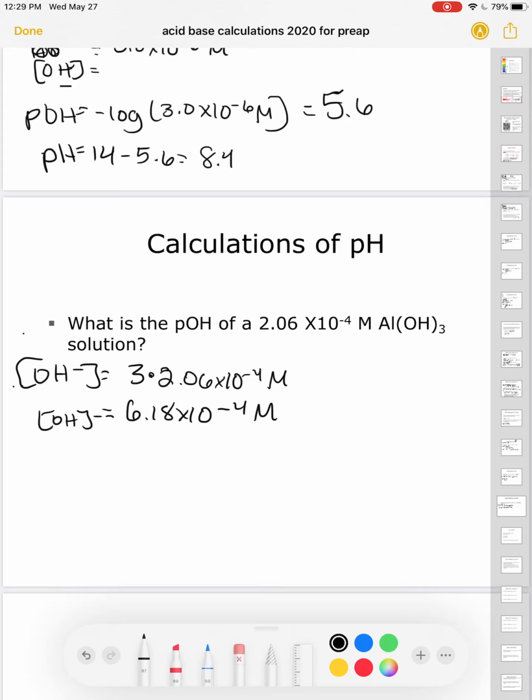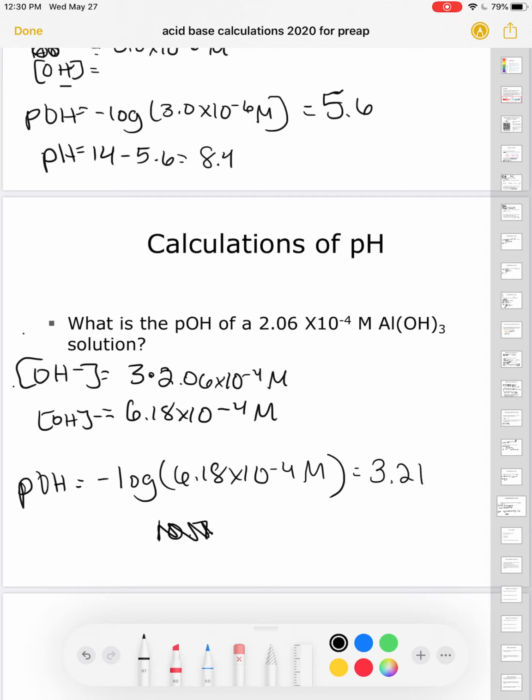And so to get the pOH, I'm going to do the negative log of 6.18 times 10 to the negative 4 molar, which gets me 10.79. Oh, sorry, moving ahead of myself. That gets me 3.21 as my pOH. So my pH is 14 minus 3.21, and that gets me 10.79.